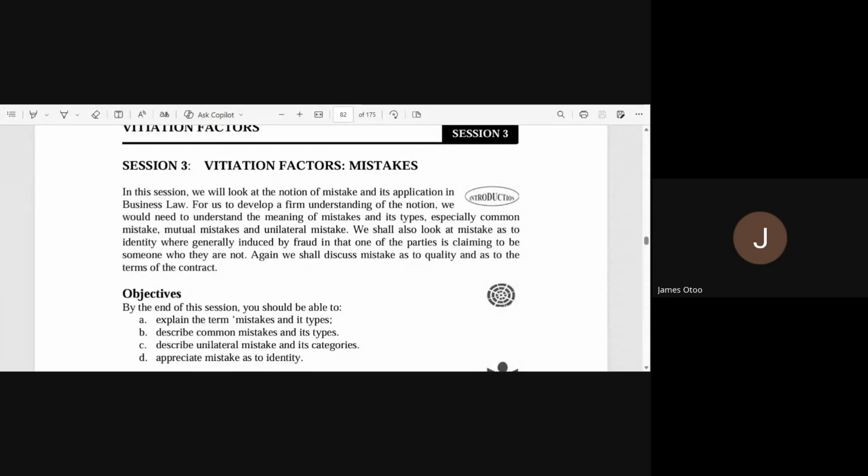Okay. What again? It's an error which comes involuntarily.